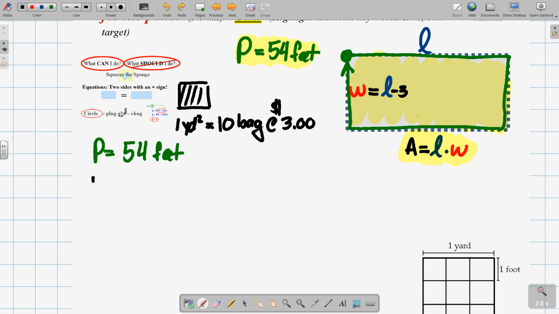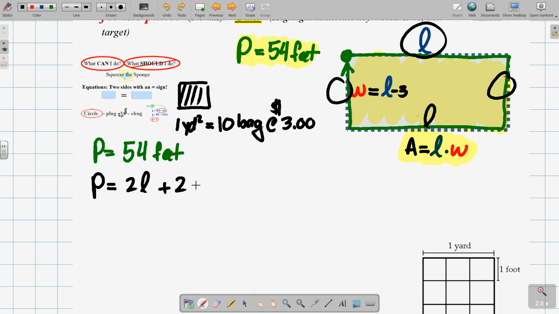And we know that perimeter equals 2 lengths plus 2 widths. Knowing that, let's see what we can plug in. Circle the 54. I could put the 54 where the perimeter is.